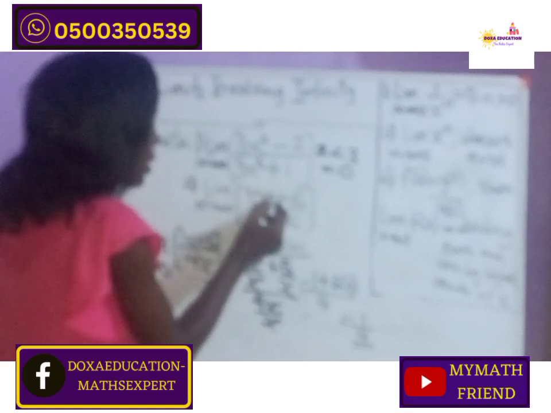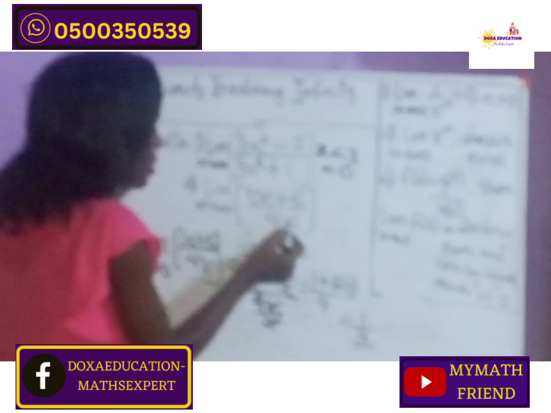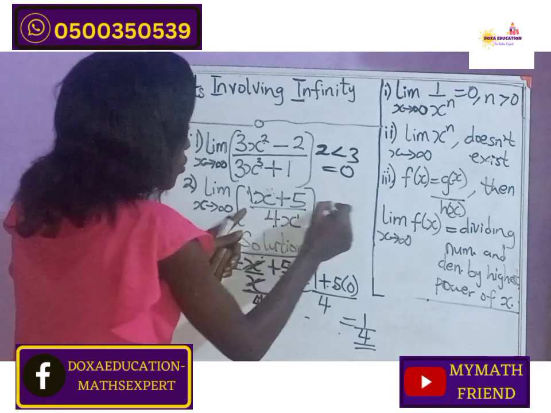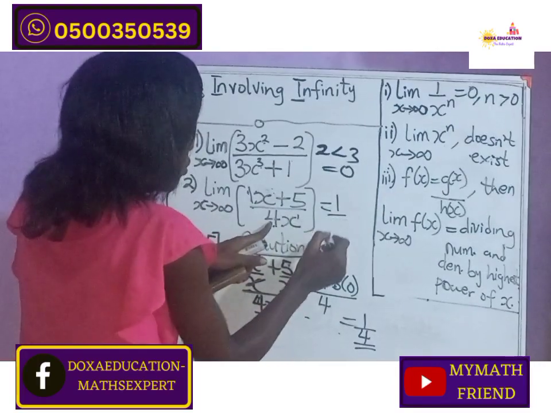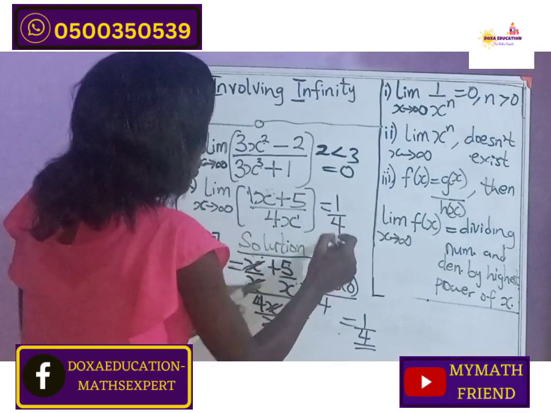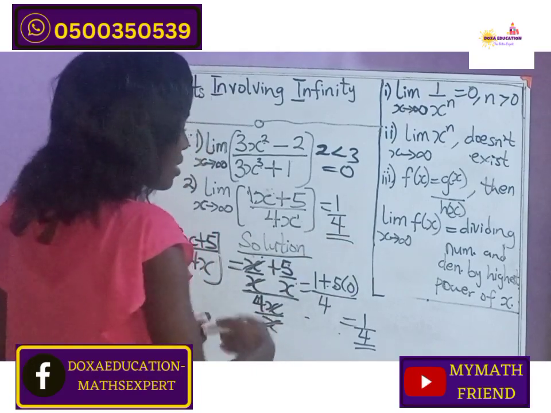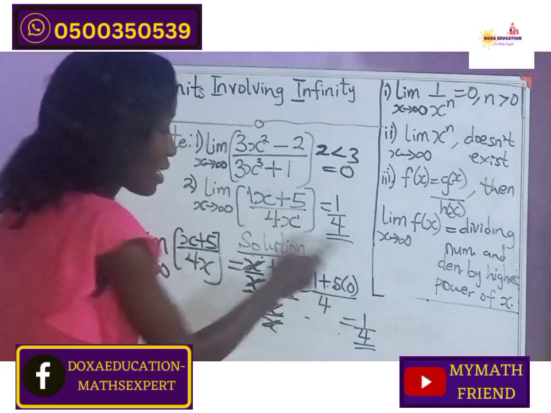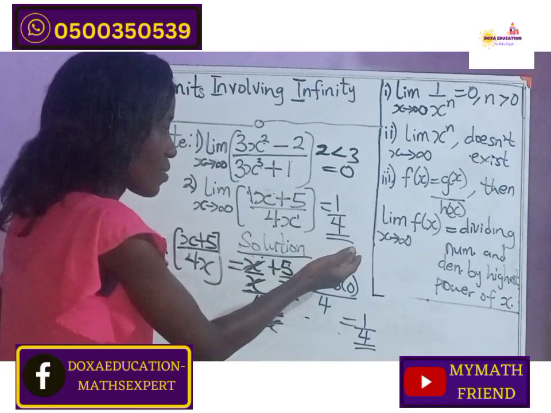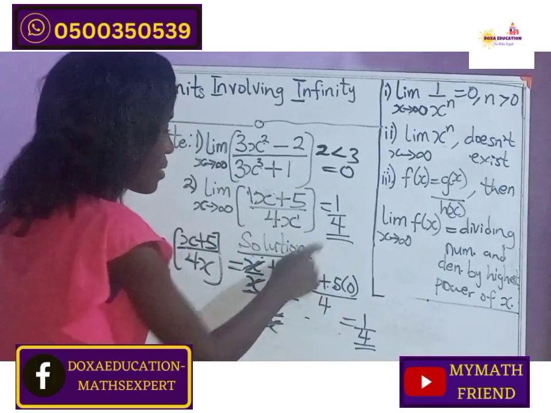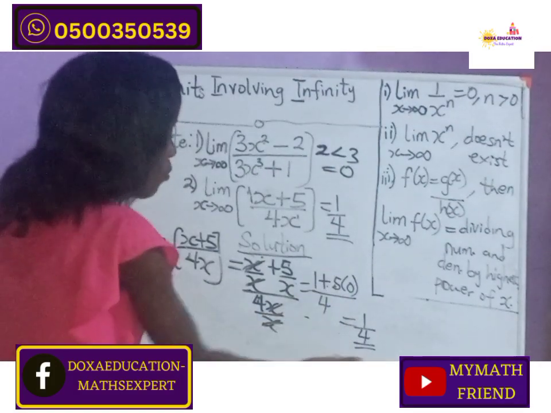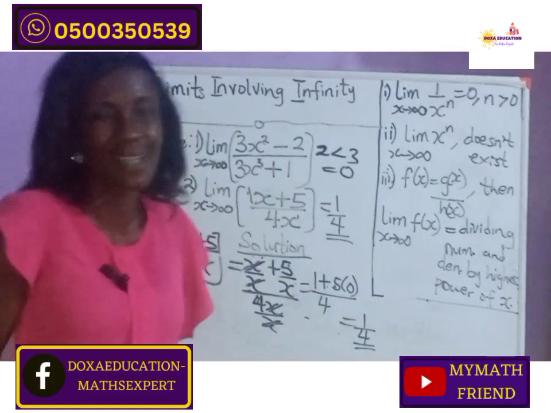The coefficient of x in the numerator is 1, and the coefficient of 4x is 4. So it's 1 over 4, and that is the answer. Take note of that. For objectives, just select the answers, but for theory or section B, you need to show workings, else you lose some marks.